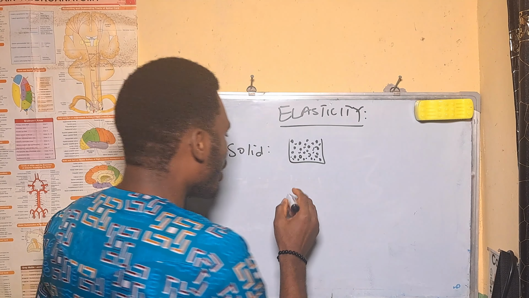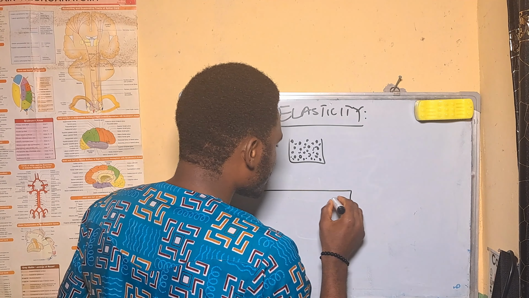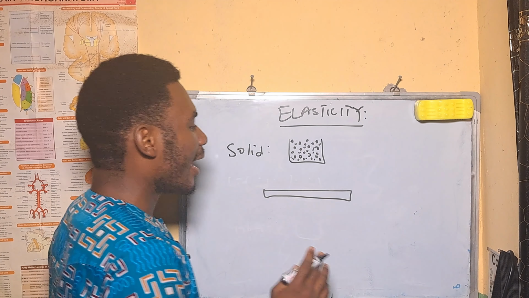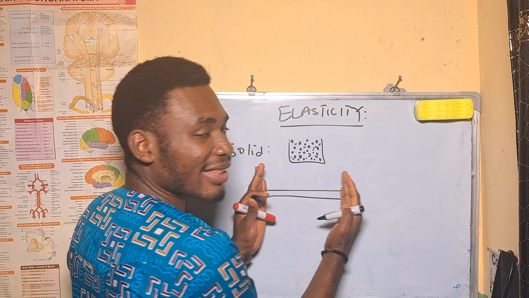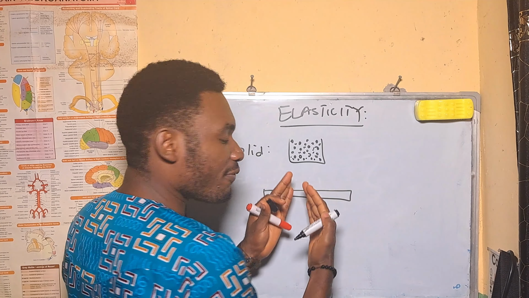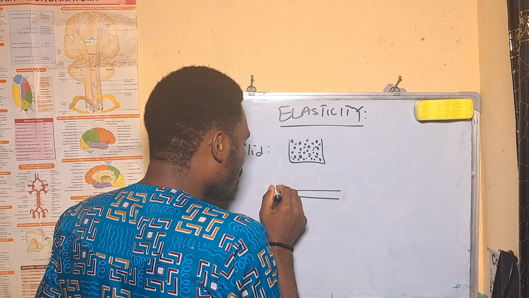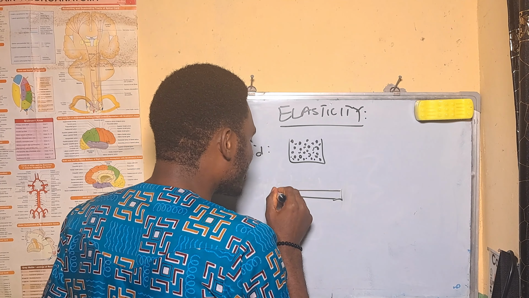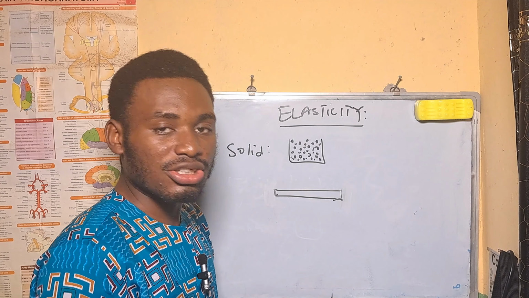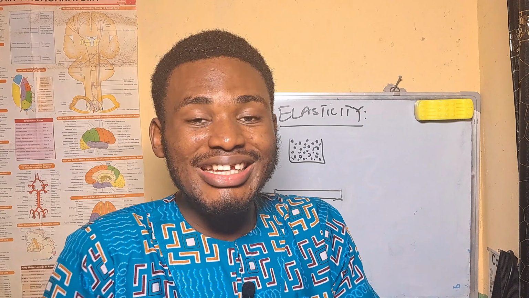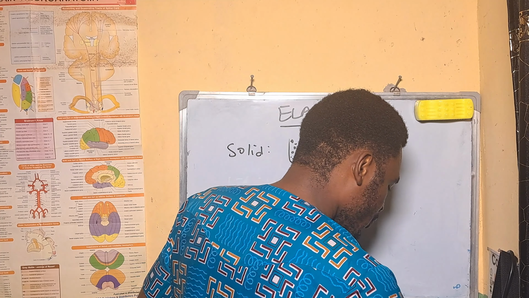For example, if this is a metallic bar and you compress it, once you remove that compression force and the bar tends to go back to its original length, you can say that this bar is elastic. So elasticity is the ability of an object to go back to its original shape once the distortion force is removed.